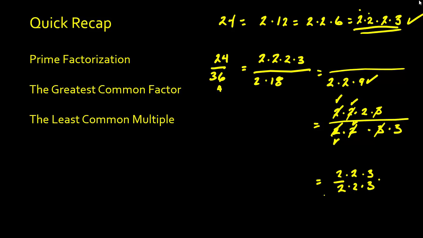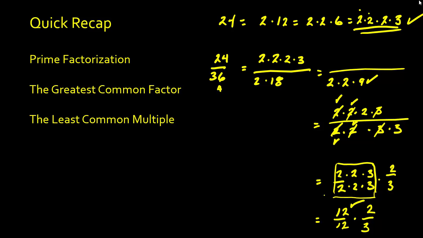And that leaves me with 2 over 3. This becomes our greatest common factor. 2 times 2 is 4, times 3 is 12. It's going to be 12 over 12 times 2 over 3. And that is our greatest common factor.